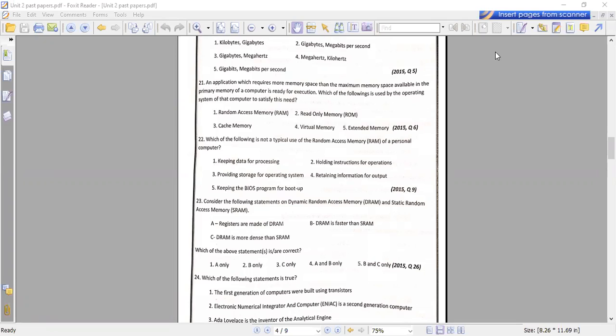An application which requires more memory space than the maximum memory space available in the primary memory of a computer is ready for execution. Which of the following is used by the operating system of that computer to satisfy this need? Suppose your program is 2.5 GB, but you have 2 GB RAM.